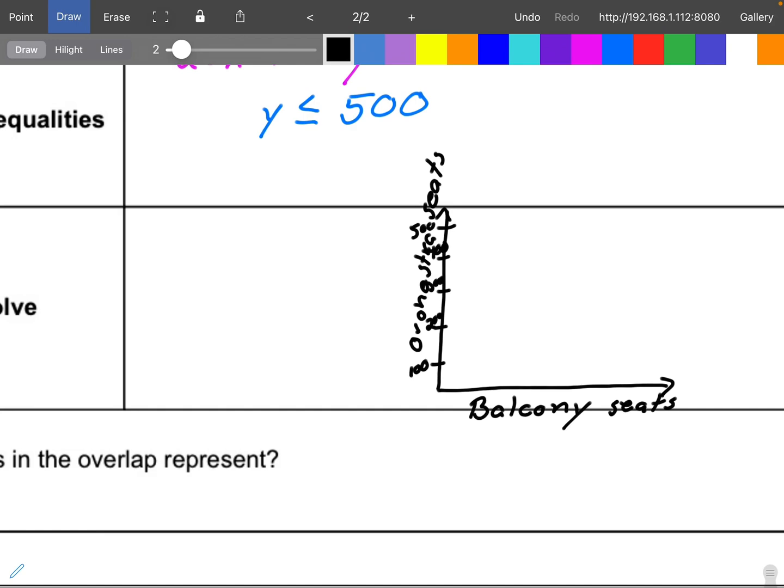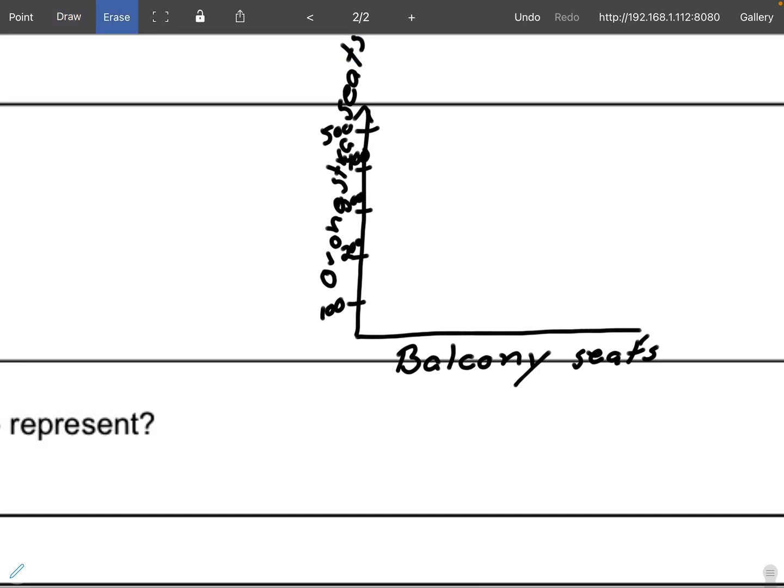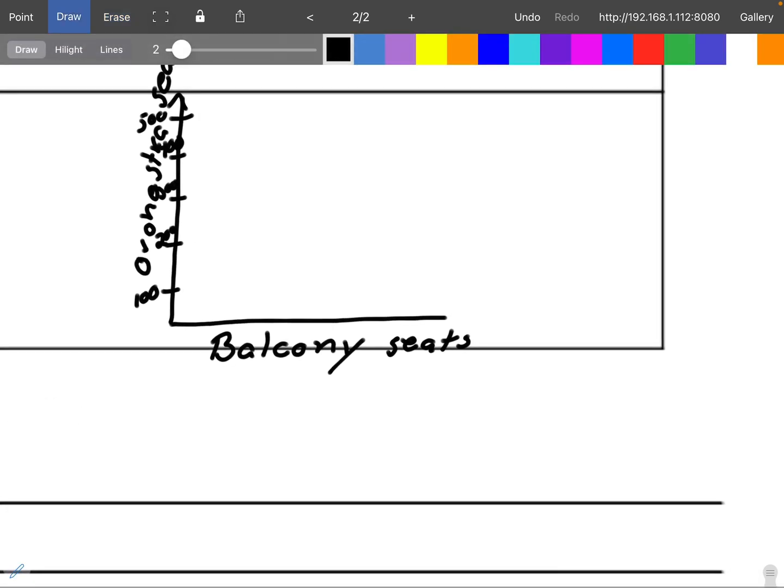All right, then along the bottom, again, I have no idea how many balcony seats there are. Probably a whole lot more if you think about most auditoriums. So we may actually want to make this x-axis a little bit longer, so I'm going to extend that out here.